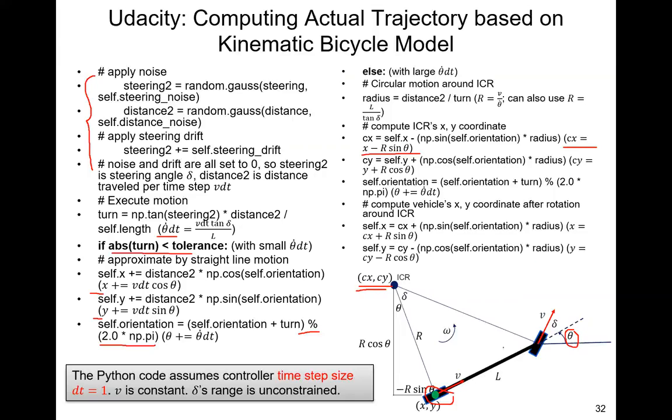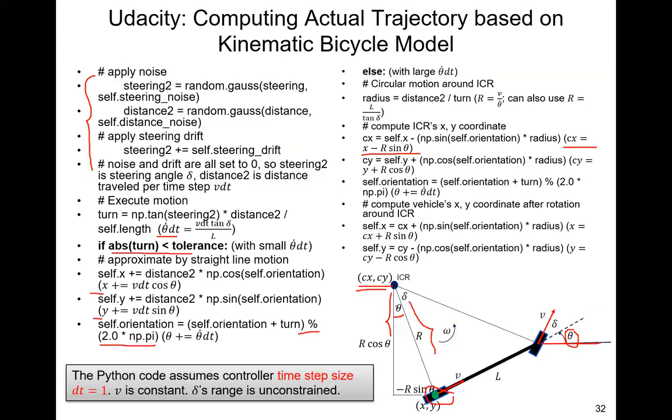The reason, again, look at the angles. This particular angle here is theta because of the perpendicular relationship. So this line here is perpendicular to the east horizontal line, and this line here is perpendicular to the vehicle length.